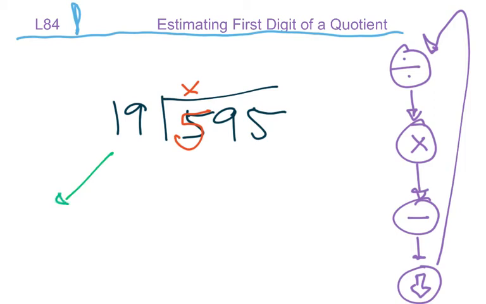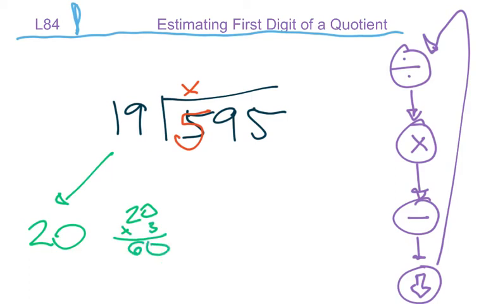Now, before we do that, or as we're doing that, that 19's a little unfamiliar. We talked about how we can round it, right? We're going to round it to make it nice and comfortable. So when I ask myself, how many times does 20 go into 59? I can go with some basic facts I have. I know that 20 times 3 is 60.